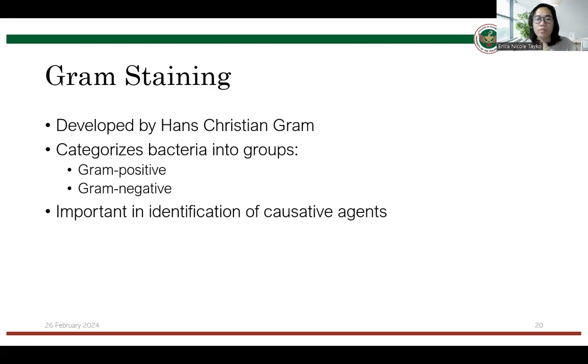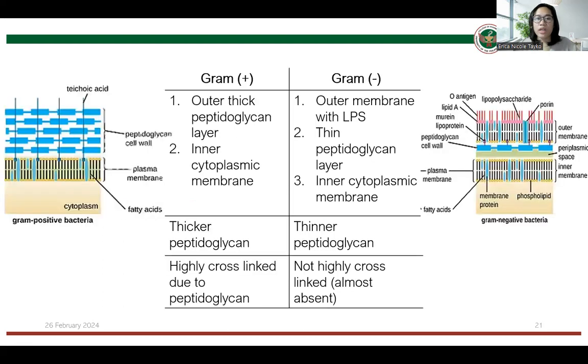Okay? So before we go to the actual staining principles behind the colors that we observe with your gram staining, let us look at the different pertinent characteristics of the gram positive and gram negative bacteria that contribute to the gram reaction of the bacteria.